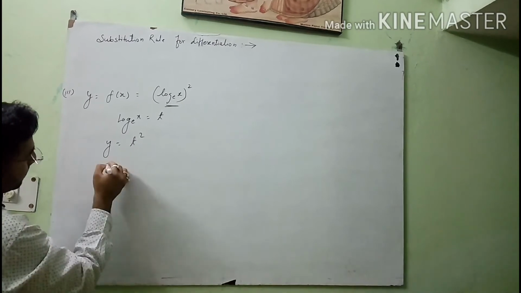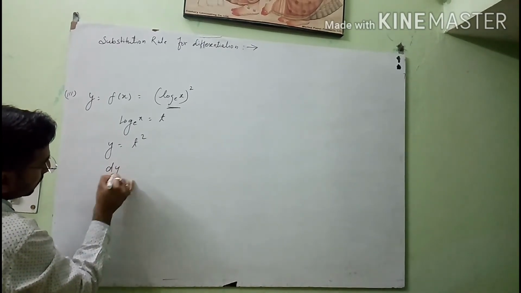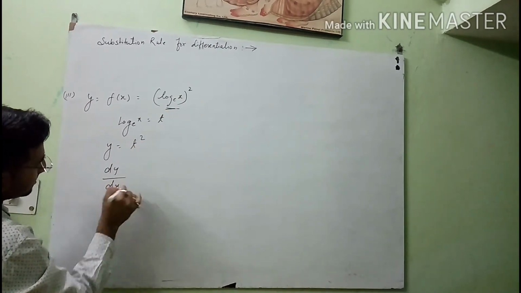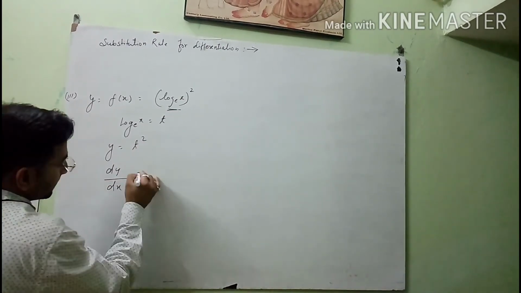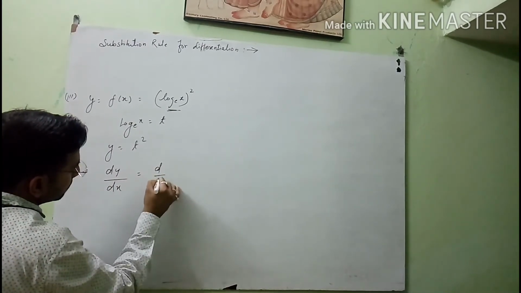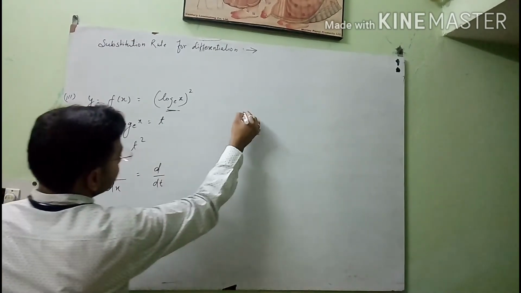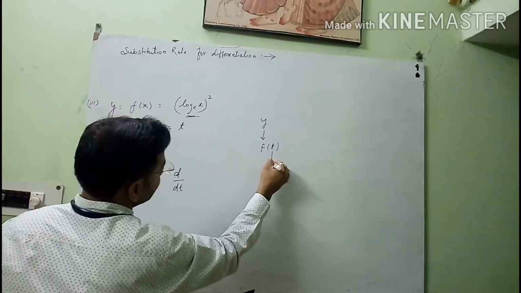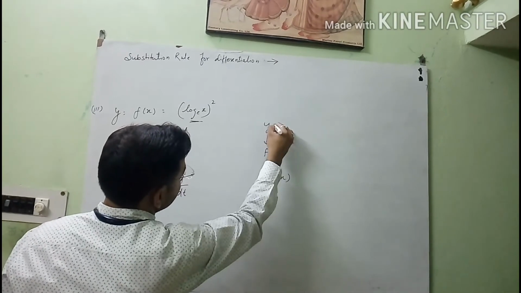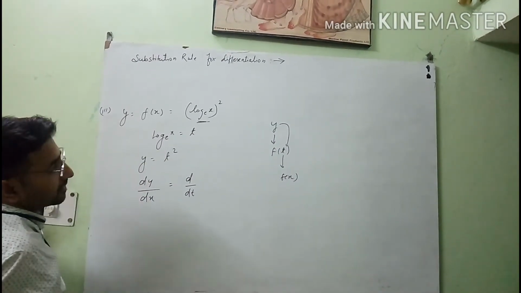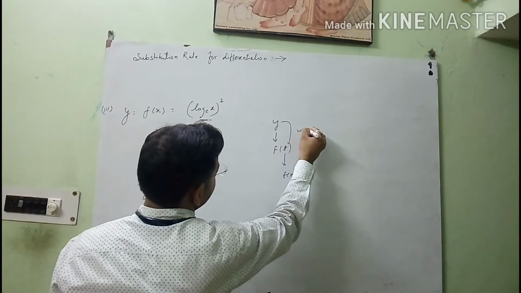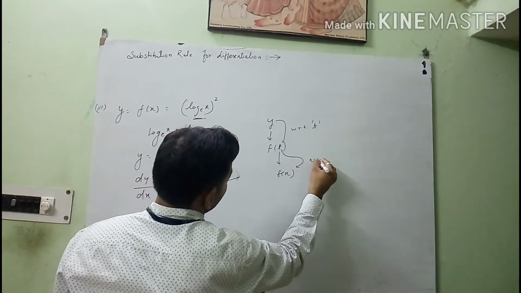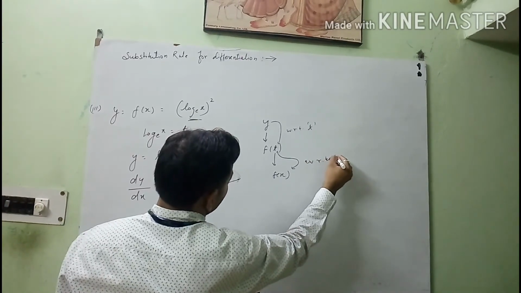So if you want to solve, because initially y is a function of x, you want dy/dx. So dy/dx is written as, first you consider that y is a function of t, and you know that t is a function of x. So first you will differentiate this function y with respect to t, and after that this t with respect to x.